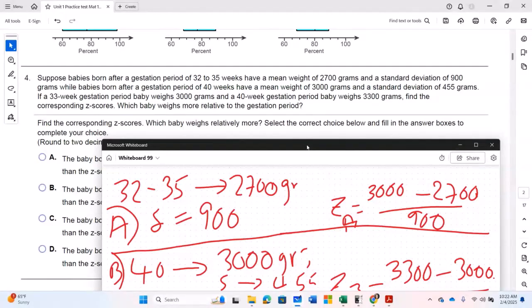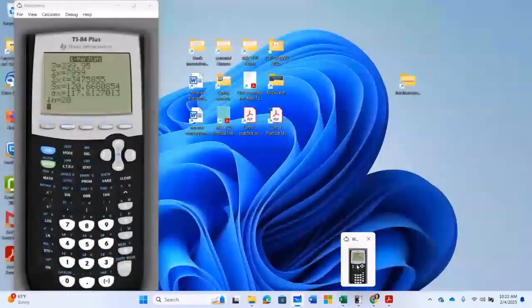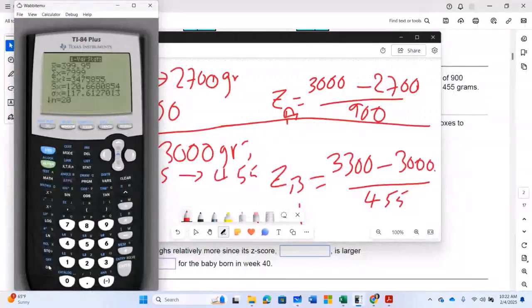Okay, so now I'm going to find the z-score for the first one. I'm going to pull my calculator up. So the z-score for the babies that stay in the stomach for 33 weeks: I have 3,000 minus 2,700, which is 300. So I got 300 divided by the standard deviation. The standard deviation is 900.